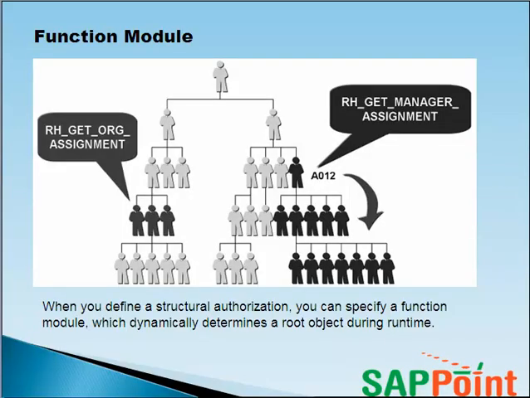The function modules. Now you define a function module. When you define a function structure authorization, you can specify a function module which dynamically determines a root object during runtime.